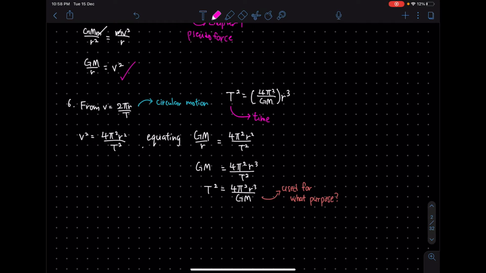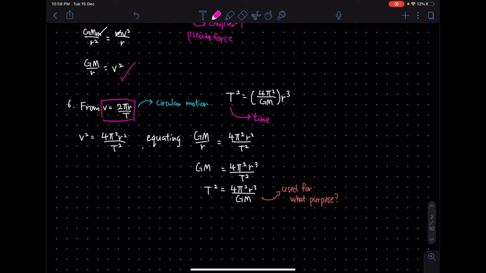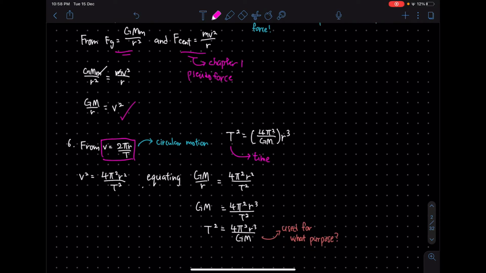Alright, so for this one, we'll use this equation, which is from the previous chapter on circular motions, and we will equate it with the equation that we used above. If you notice, it looks similar.